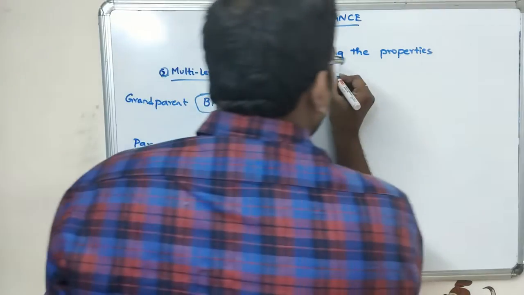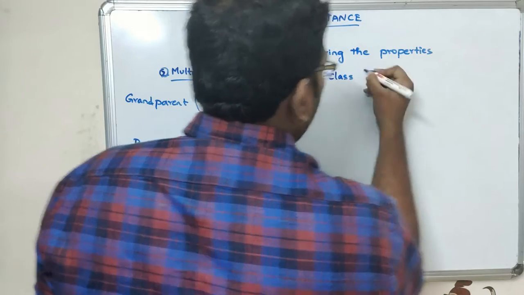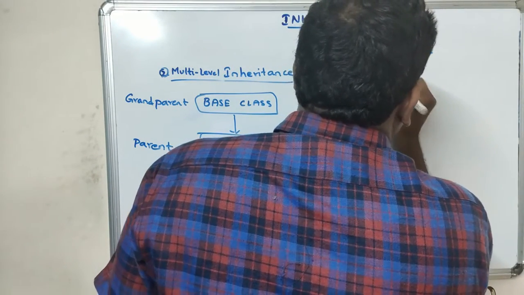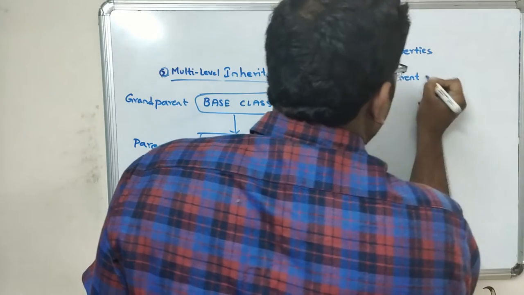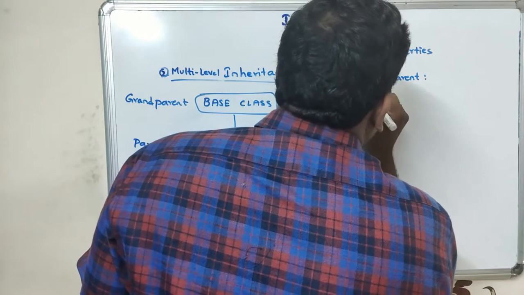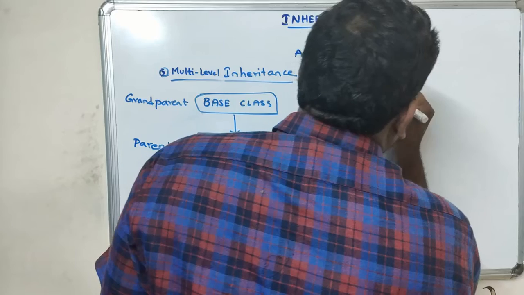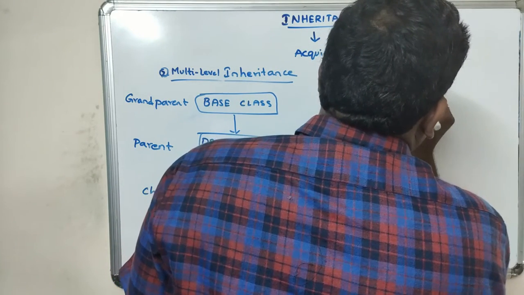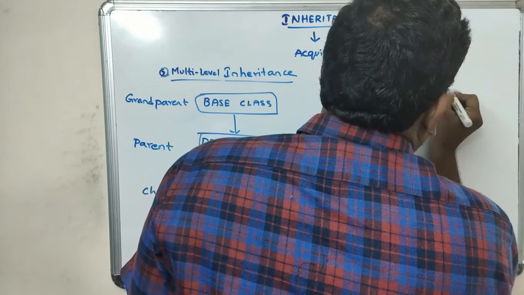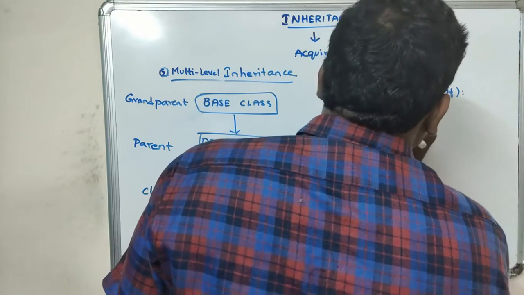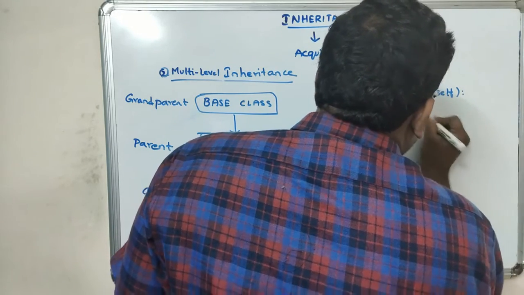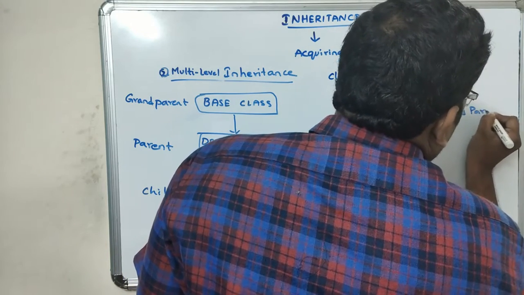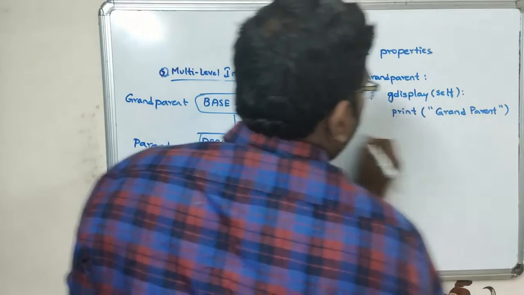Now we can write some classes. Class grandparent: def g display self, print grandparent.